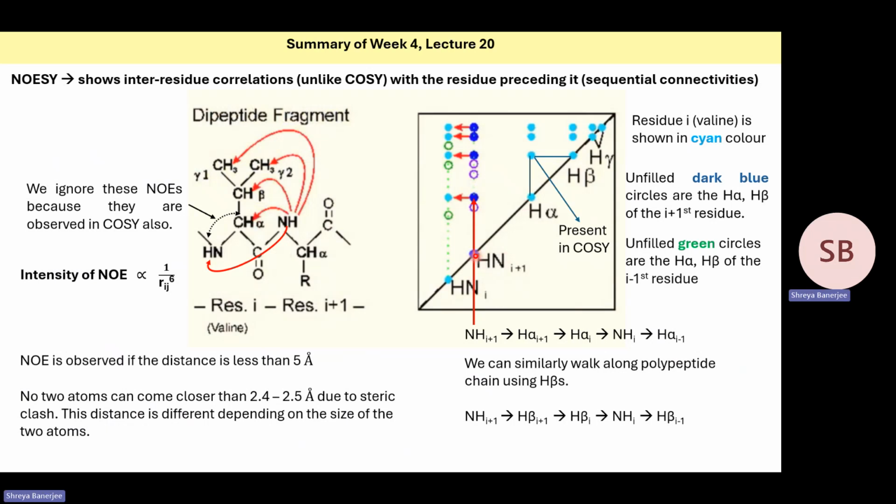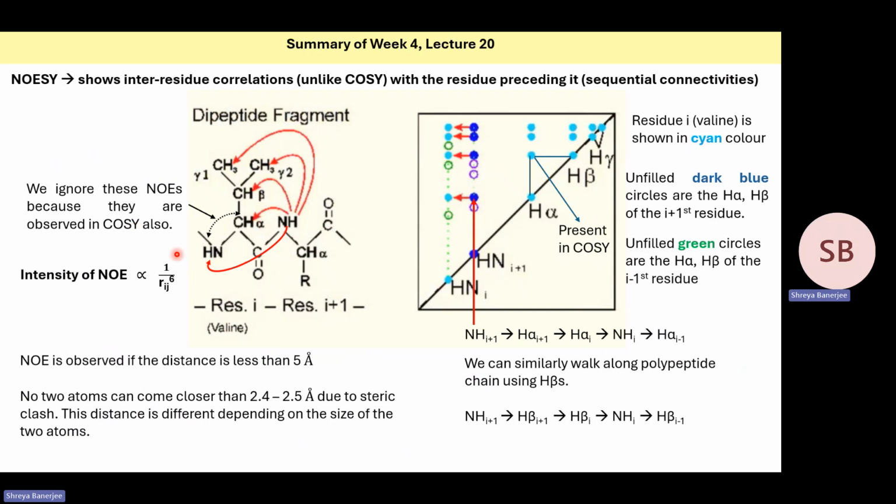So if we start from NH of I plus 1, I am moving up and we come here. This is NH of I. So NH of I plus 1 and NH of I are showing connectivity. And NH of I is also showing connectivity with this green circle, that is H alpha. This green circle is H alpha of I minus 1.